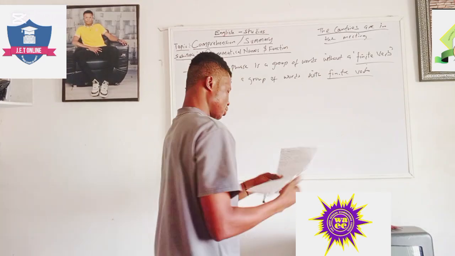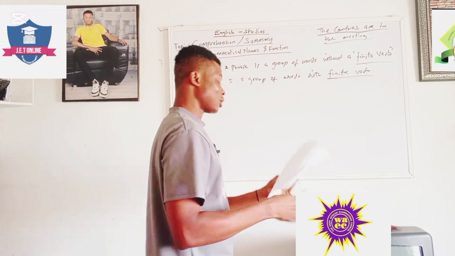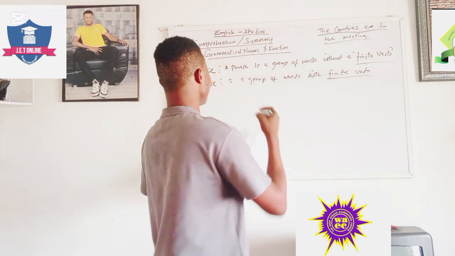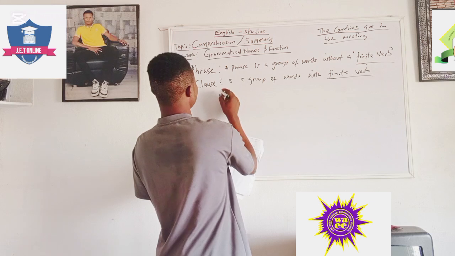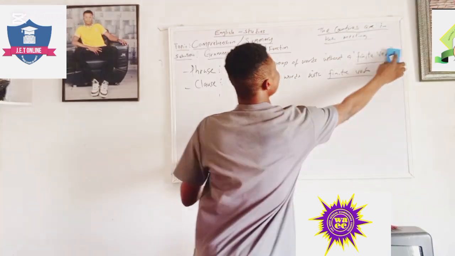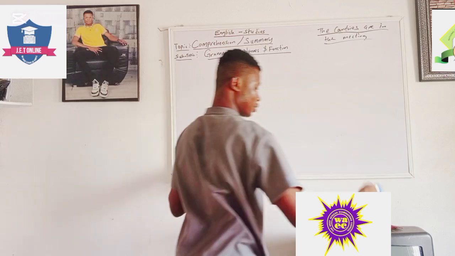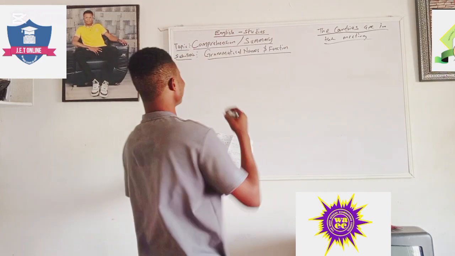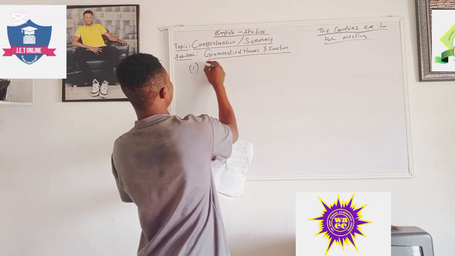Now let's look at some general questions from other years in the WAEC past questions. I've extracted some expressions on which I would love us to practice together. So we are going to discuss and look for the grammatical name and function for these expressions together.